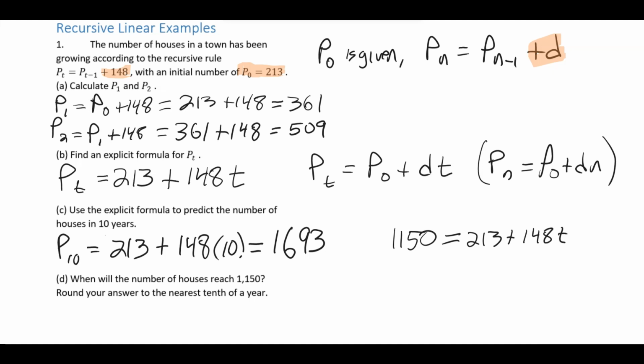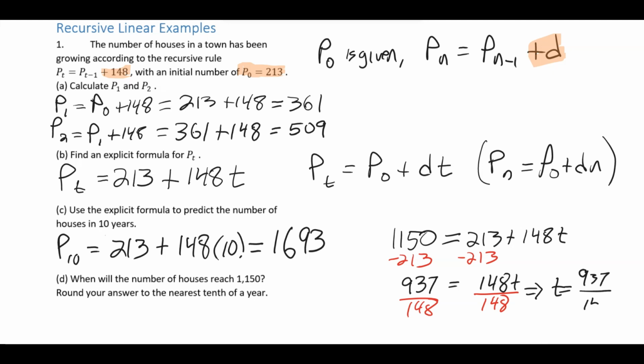And now we can solve this equation. Subtracting the 213, this will give us 937 equals 148t. And then dividing by the 148 gives us t equals 937 over 148.